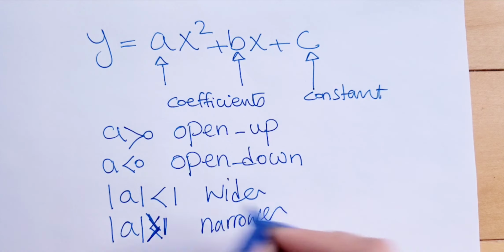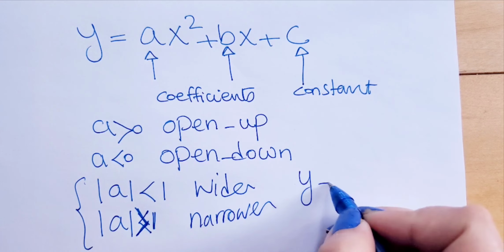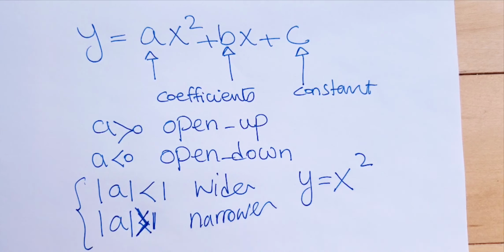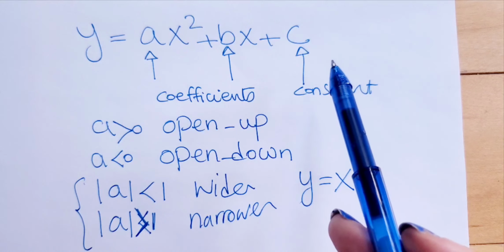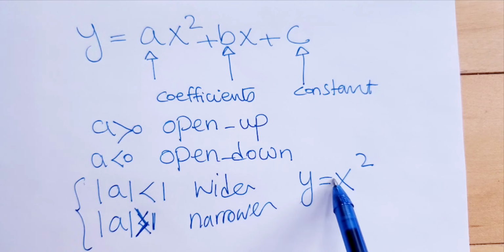Just to remind you, this is y equals x to the power 2, the simplest form of a parabola. The b and c are equal to 0, and a is 1.